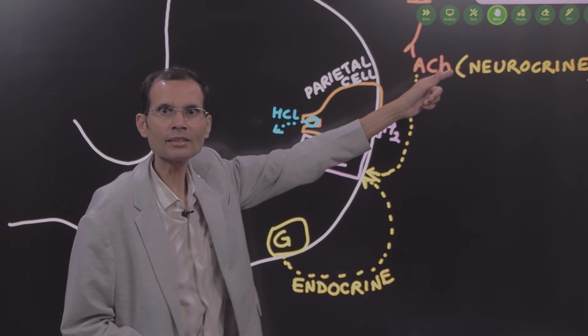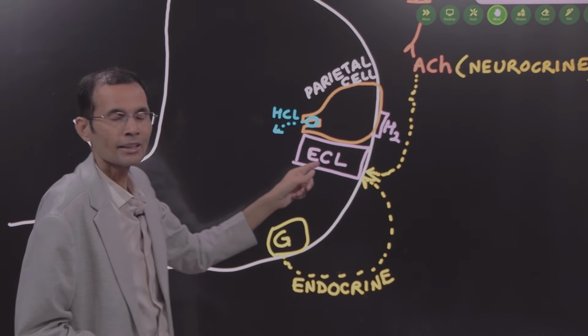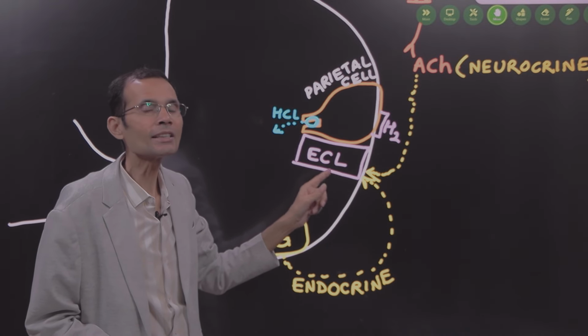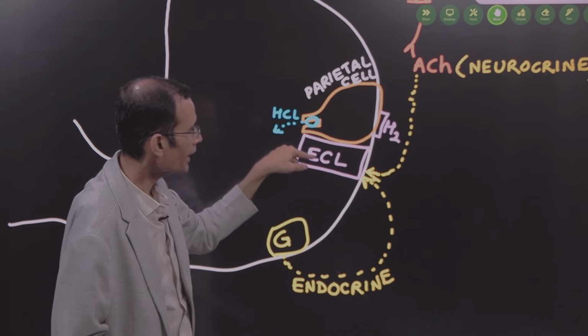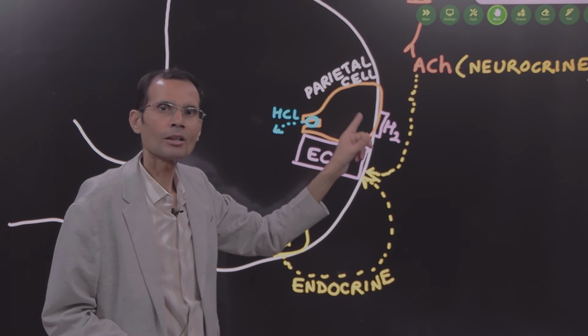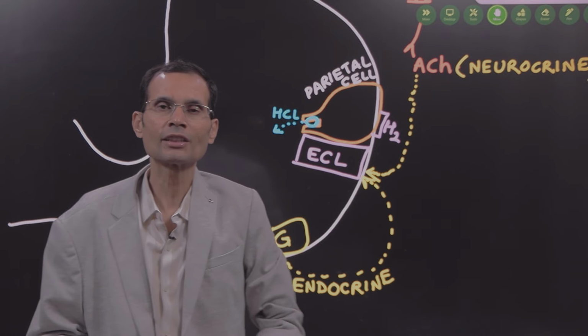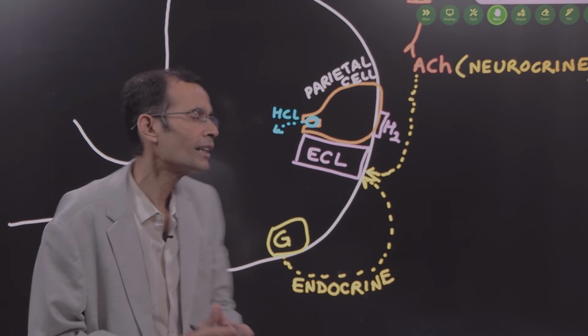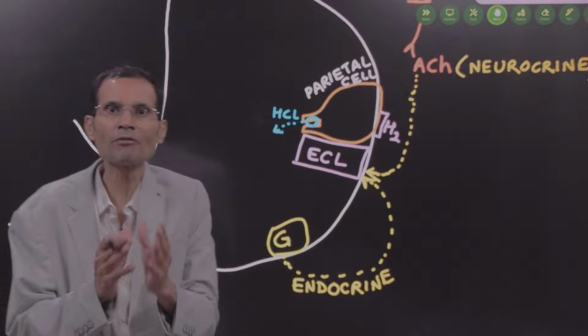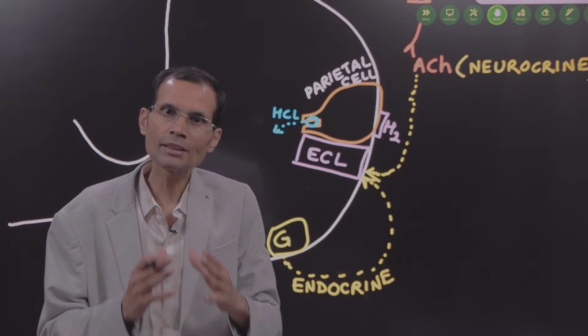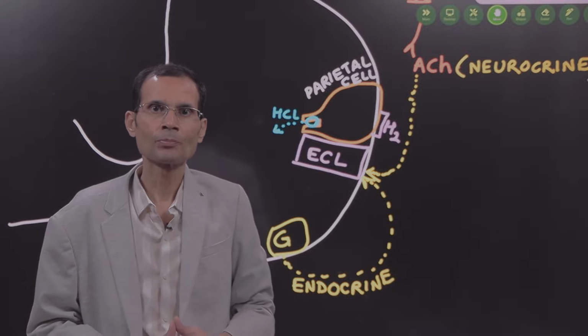Gastrin and the vagus cause histamine secretion by the ECL cell, and then that histamine acts via the H2 receptor to cause HCl secretion. So the point is, histamine plays a pivotal role in the gastric acid secretion.